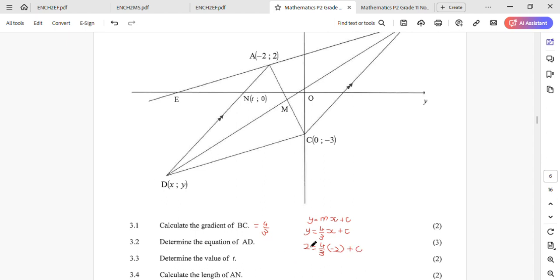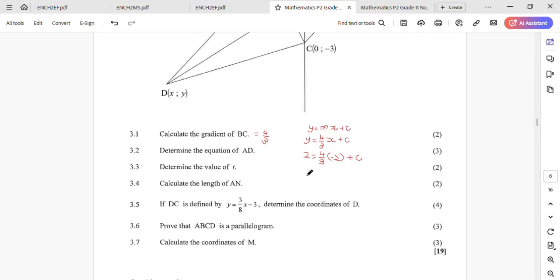Okay. Then here we are. When you take this to this side, it's going to become minus 4 over 3 times. Okay, let me just solve it this way so that you don't get confused. It's 2 equals minus 8 over 3. Let's see.